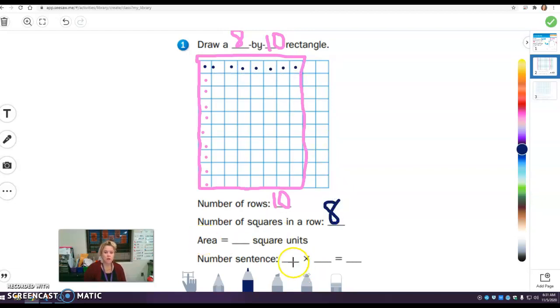Now we need a number sentence to figure out our area. So we would do 10 times 8 equals, and again, a great number because I can skip count by 10s 8 times. So 10, 20, 30, 40, 50, 60, 70, 80. So the area of this rectangle is 80 square units.